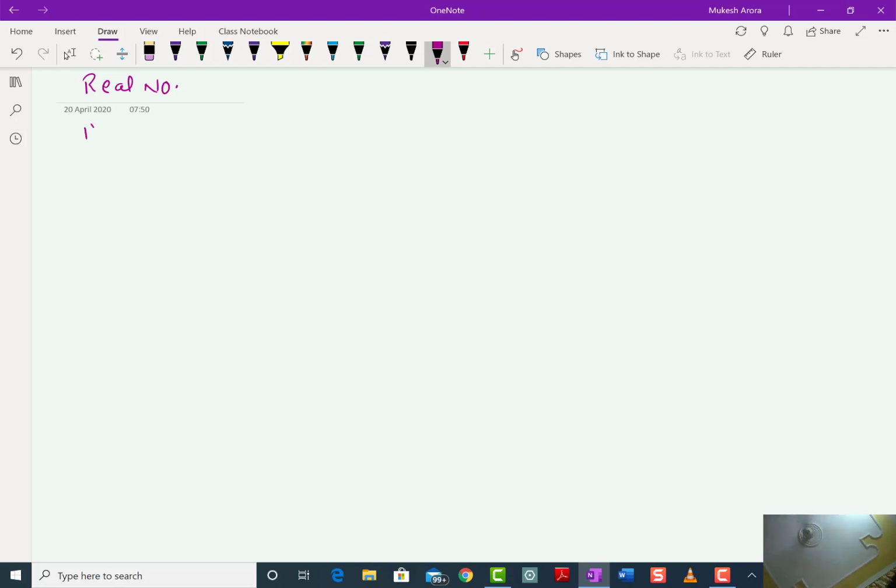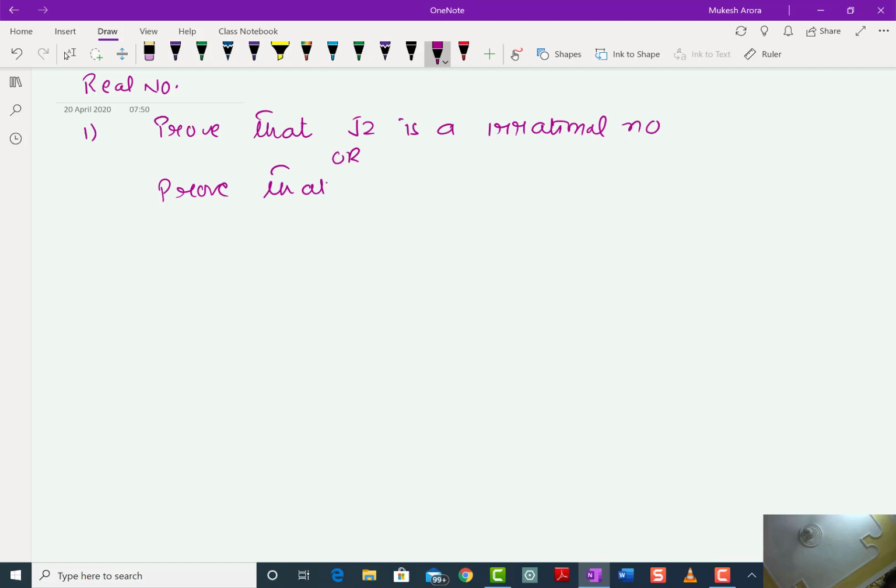The question is, prove that under root 2 is an irrational number, or you have to prove that under root 2 is not a rational number.